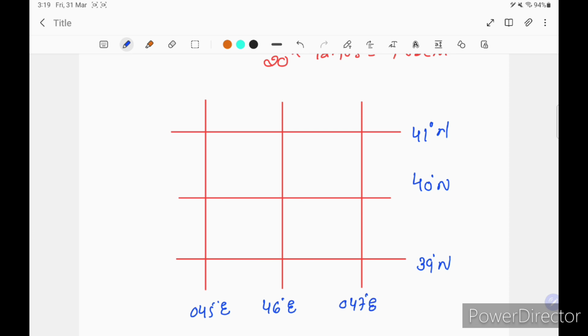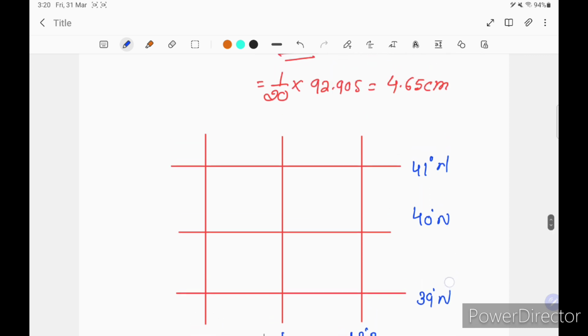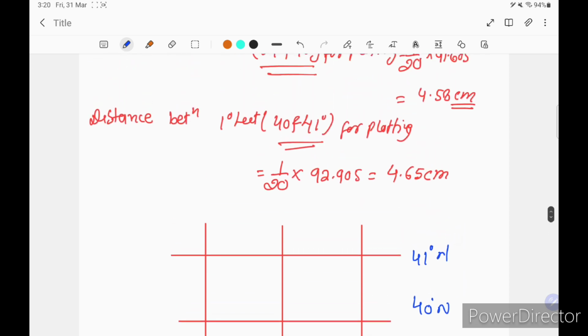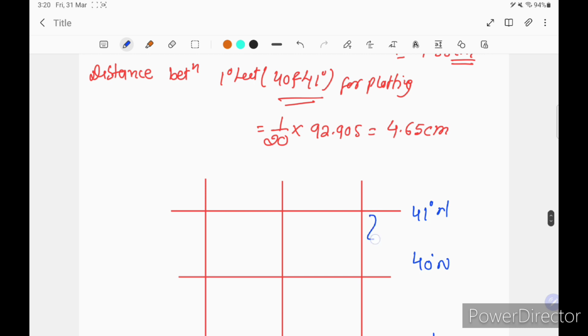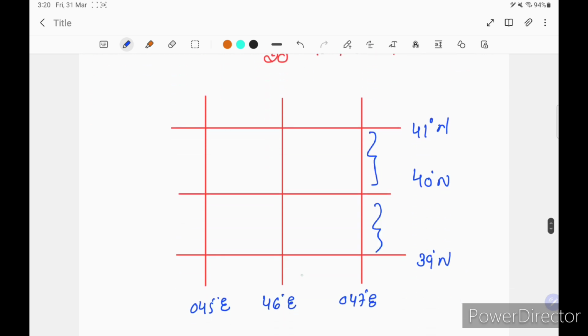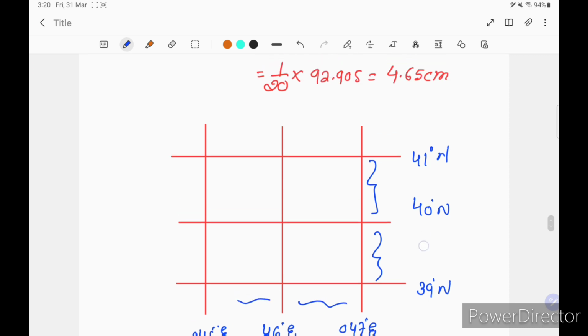Now when we are drawing this, we have to calculate whatever values we get in cm. Now 40 to 41, how much? 40 to 41 is 4.65. This is the 4.65 difference, and this is 4.58, and how much is the longitude distance?